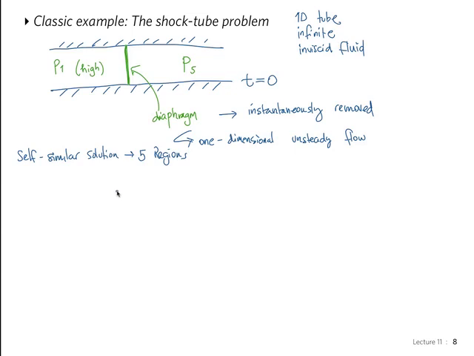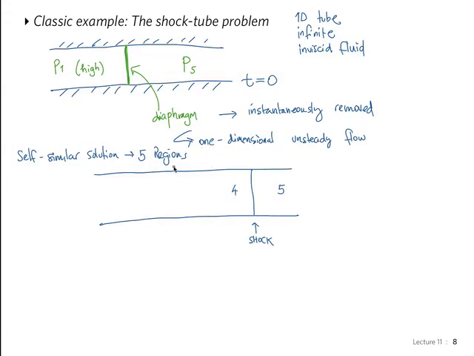And if I draw a picture of these 5 regions, what you're going to have is a shock moving to the right. This is the shock. To the right of the shock you have region 5 with P5. Then to the left of the shock you have region 4.